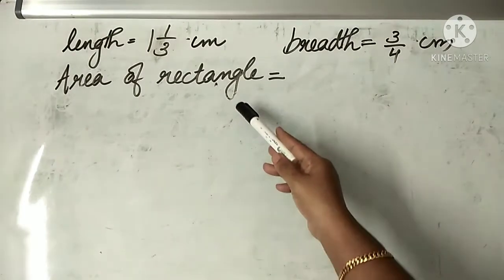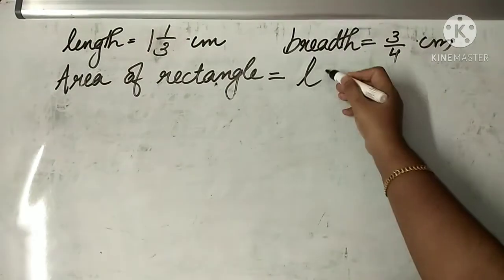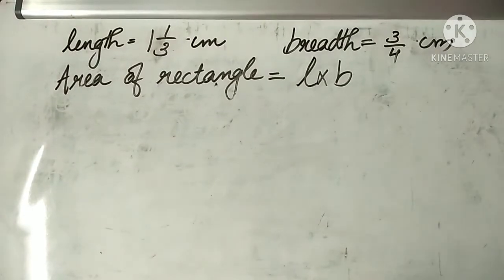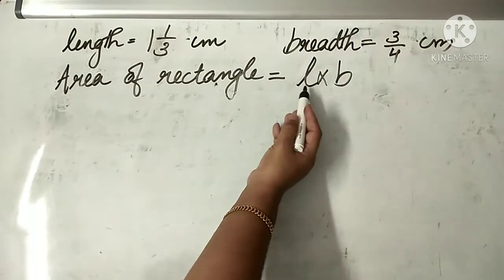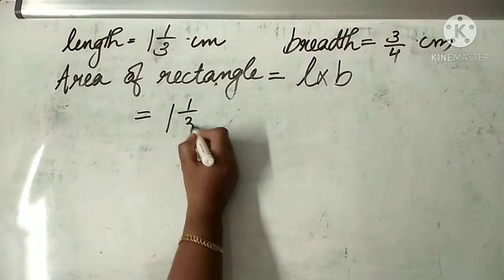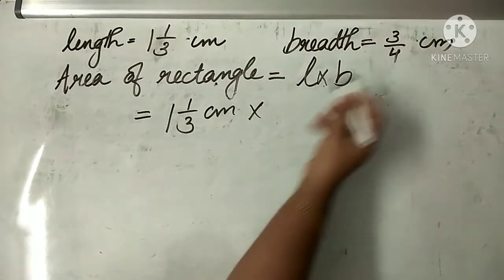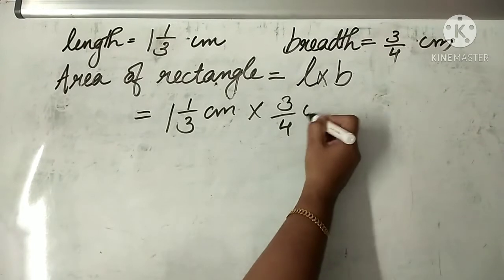We have to find area of rectangle. We know area of rectangle is equal to length into breadth. Now we can substitute the value for length and breadth. Length is 1 1/3 centimeter into breadth is 3/4 centimeter.